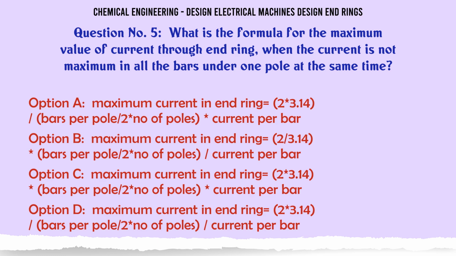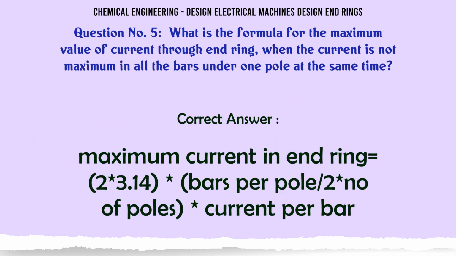The options are all given as maximum current in end ring equals 3.14 times bars per pole times number of poles times current per bar. The correct answer is maximum current in end ring equals 3.14 times bars per pole times number of poles times current per bar.